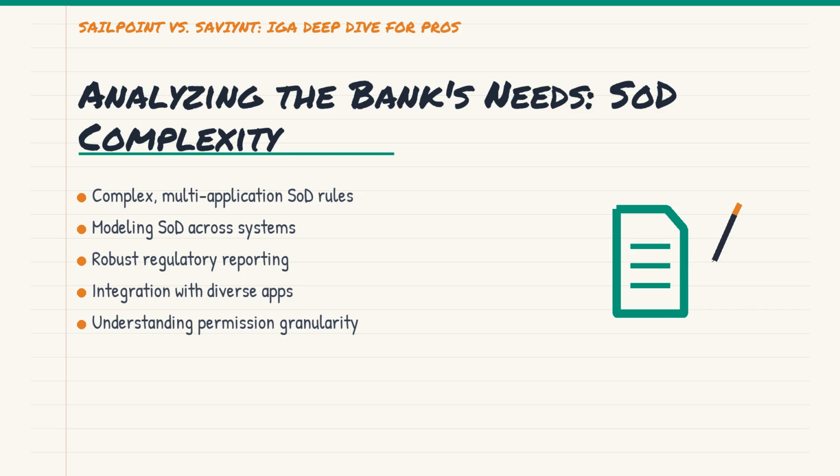They'll also need robust reporting to demonstrate compliance to regulators. The sheer volume of applications means integration speed and the breadth of connectors will be a major factor in their decision. This is where the nuances between SailPoint's mature connectors and Saviynt's modern integration patterns become critical.